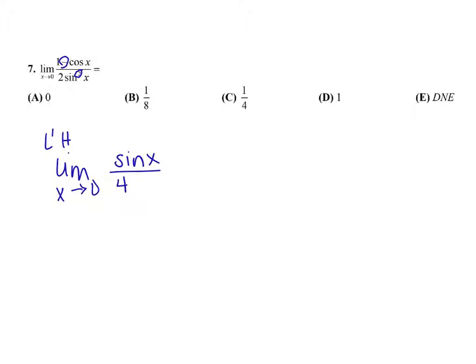We're going to have 4 sine x times the derivative of sine of x, which is cosine of x. So again, it looks like we're going to be able to cancel our sine x. And so if I go ahead and substitute in here, I'm going to get 1 over 4 times 1, or 1/4.